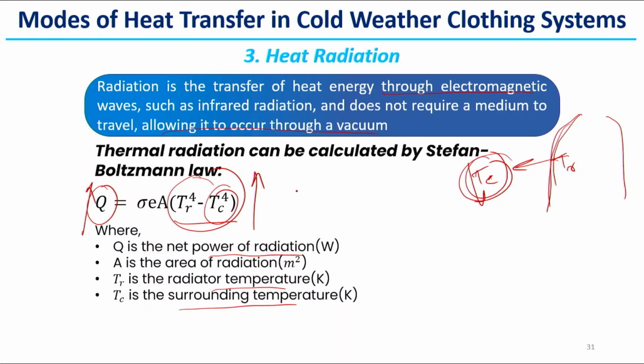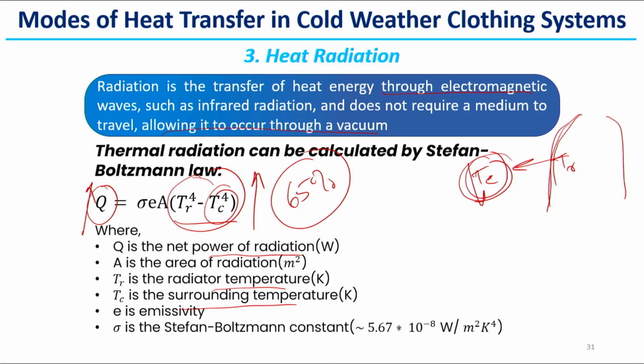We have discussed that typically 65% of the heat loss is through radiation due to this fourth order equation, and E is the emissivity of the material, and sigma is the Stefan-Boltzmann constant.